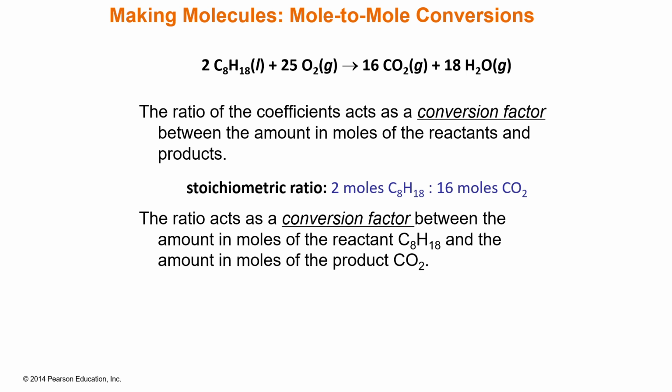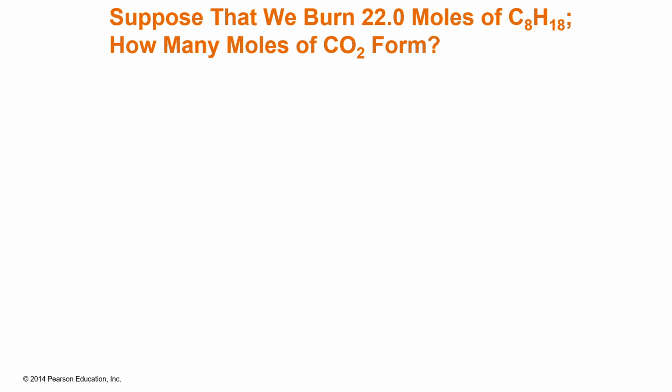So you can use that ratio, that equivalent statement, just like we did in unit number 1, and it can act as a conversion factor between the amount in moles of the reactant, C8H18, and the amount in moles of the product, CO2. So let's do a practice exercise. Suppose that we burn 22.0 moles of C8H18.